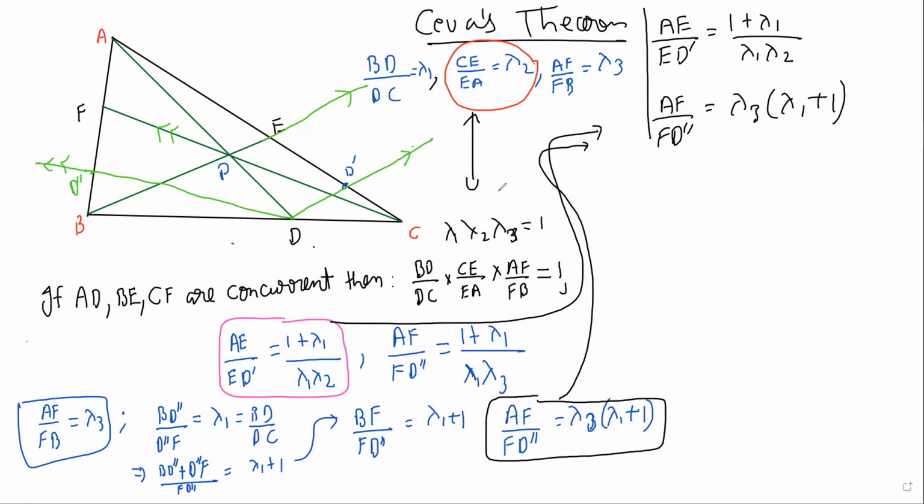So we can obviously divide these ratios. So AE by ED prime is this, and AF by FD double prime is this.